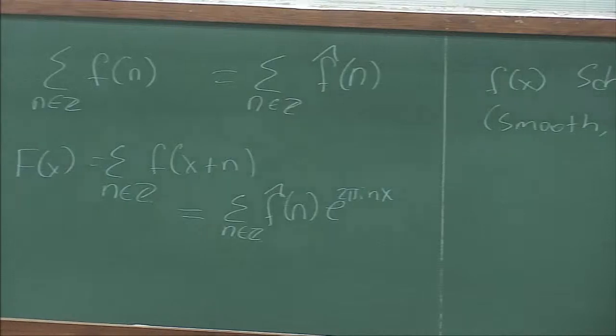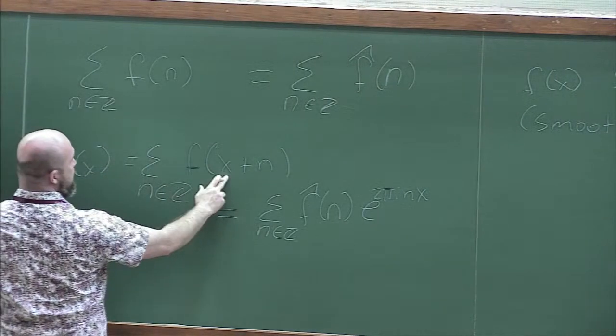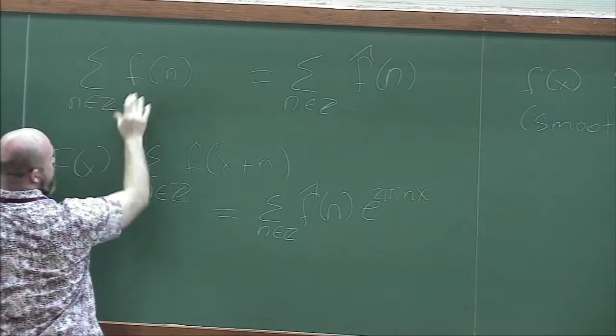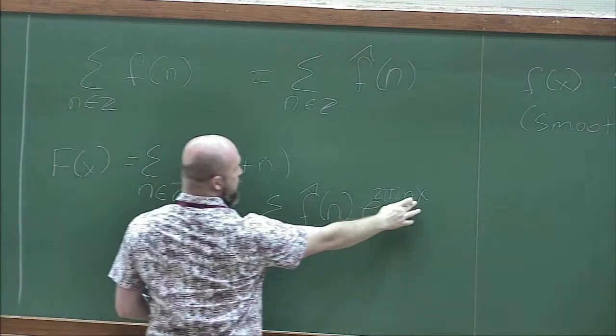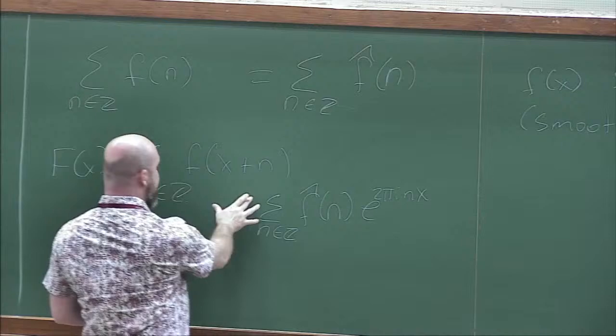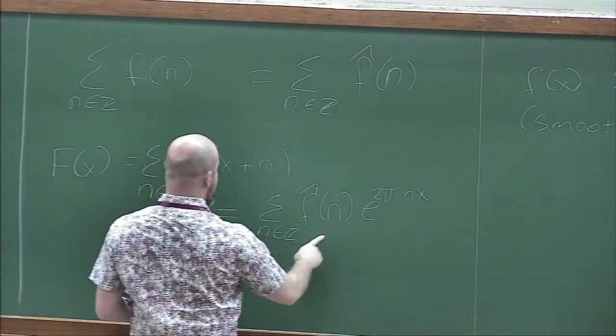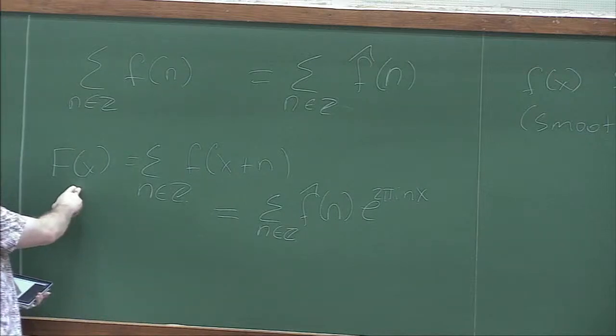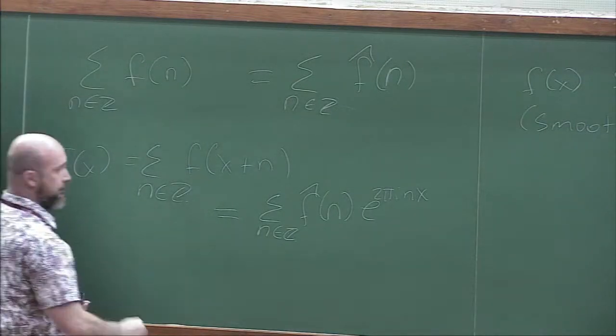Okay? So what we're seeing here, shifting our function here by this value x turns into these exponential terms that show up here. Now, another way of interpreting this is this right here gives the Fourier expansion of our initial function F of x.